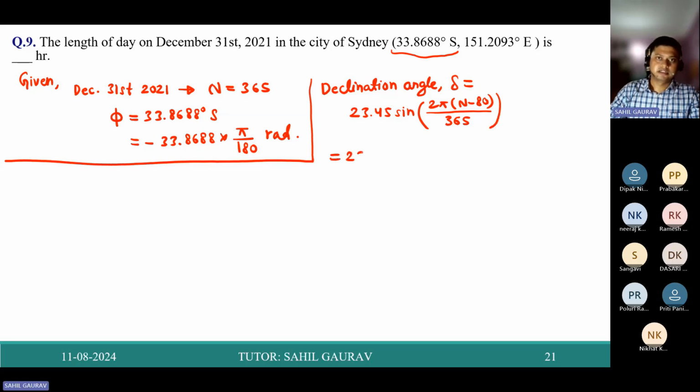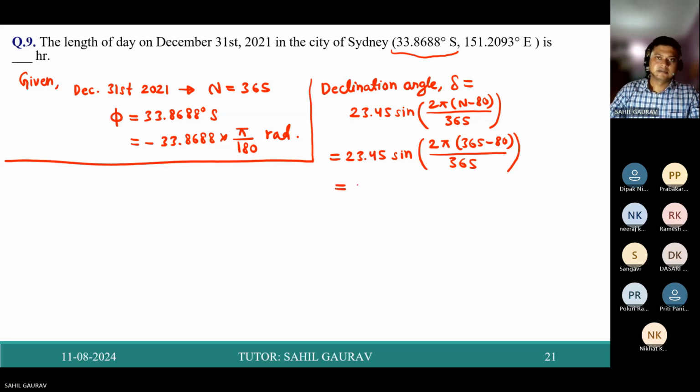So it is 23.45 sin, n is given as 365, minus 80 upon 365.